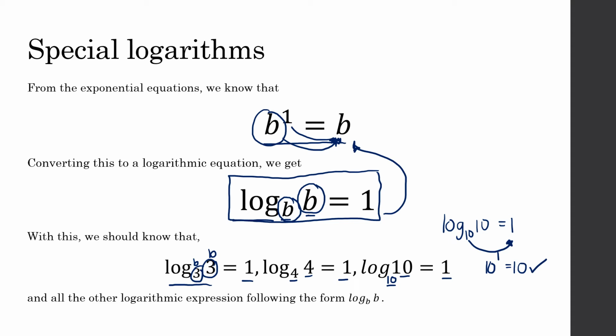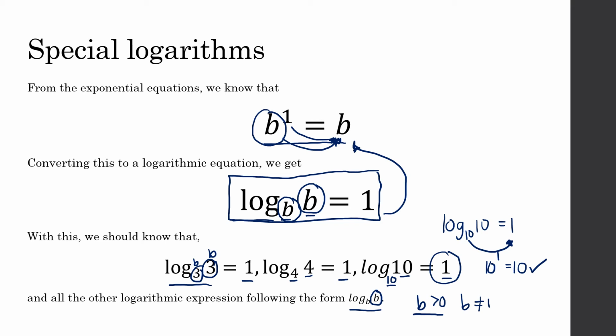So all the other logarithmic expressions following the log base b of b will always be equal to 1, provided that the b is an acceptable value of b. Note, the base should be greater than 0, and the base cannot be equal to 1. At the same time, this b must also be greater than 0.